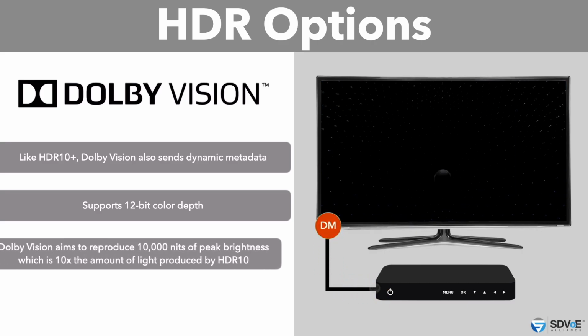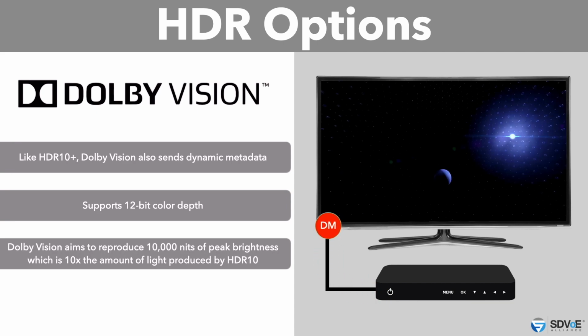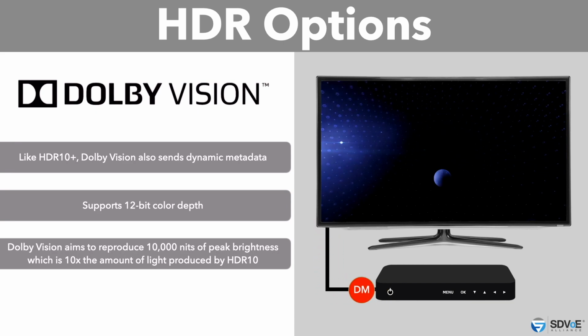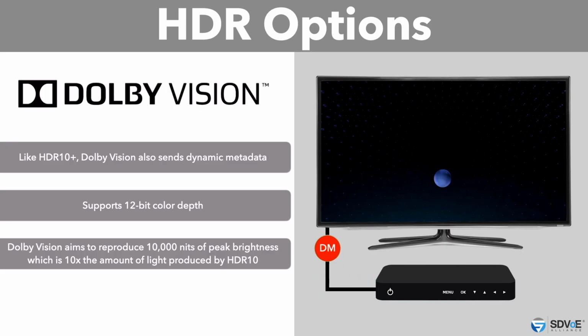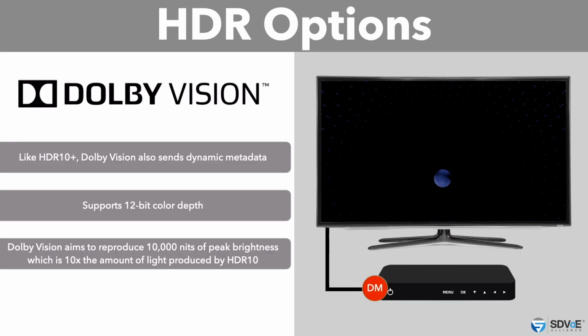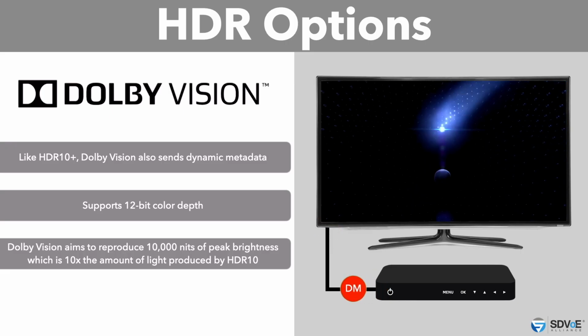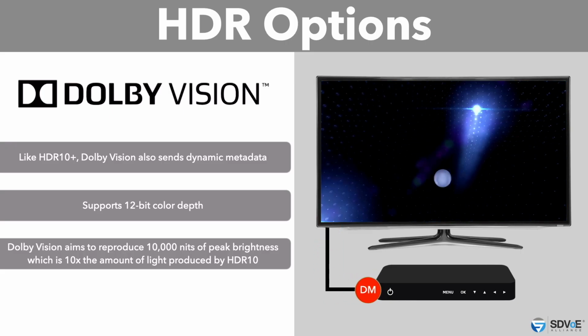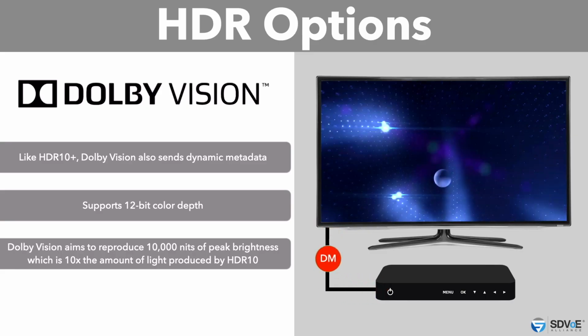Dolby Vision aims at reproducing 10,000 nits of peak brightness, far more than that which is offered by its counterpart HDR standards, suggesting that TVs with Dolby Vision can produce 10 times the amount of light than HDR10, although there are currently very few displays that can actually support a 10,000 nit brightness value.